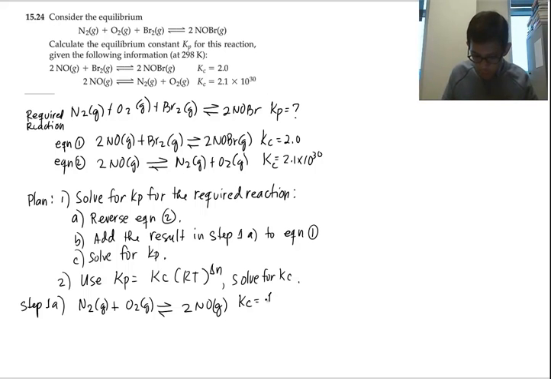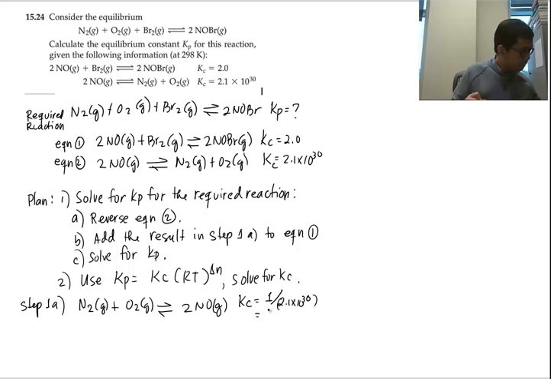It's 1 over 2.1 times 10 to the 30, and that would be 4.76 times 10 to the negative 31.